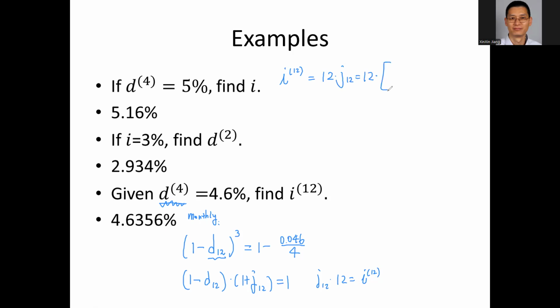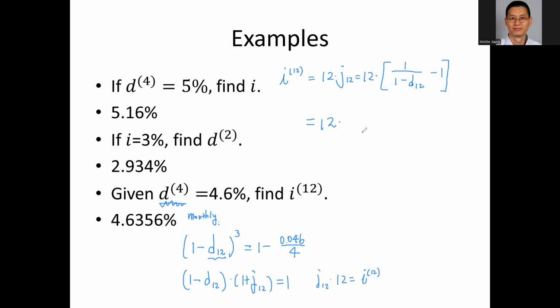J12 equals what? Equals 1 over 1 minus D sub 12, minus 1. And 1 minus D12 equals, I need to have a third root.